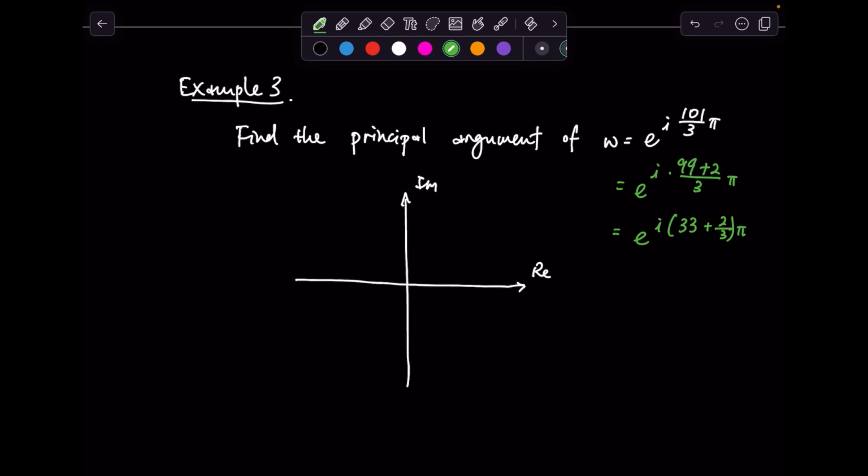What that means is, from the origin, I have a position vector that goes to my complex number w. I'm going to measure from the positive real axis anti-clockwise an angle of 33 pi.